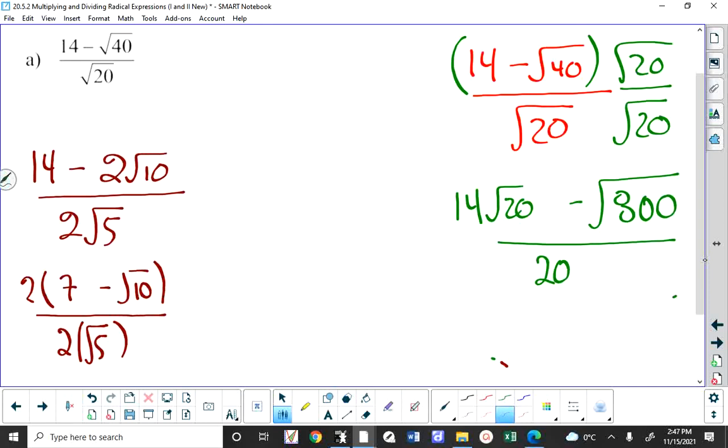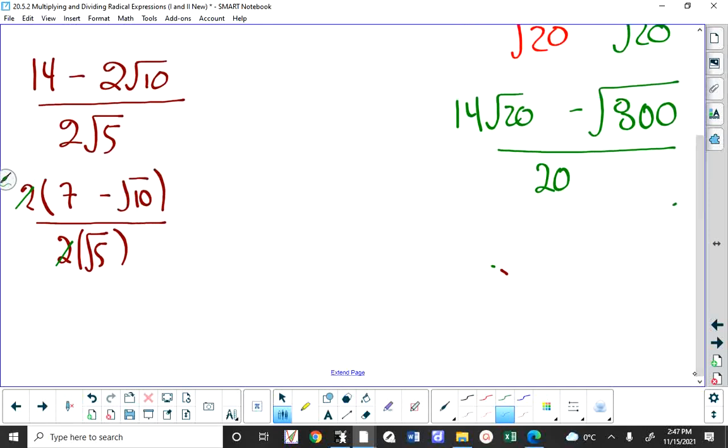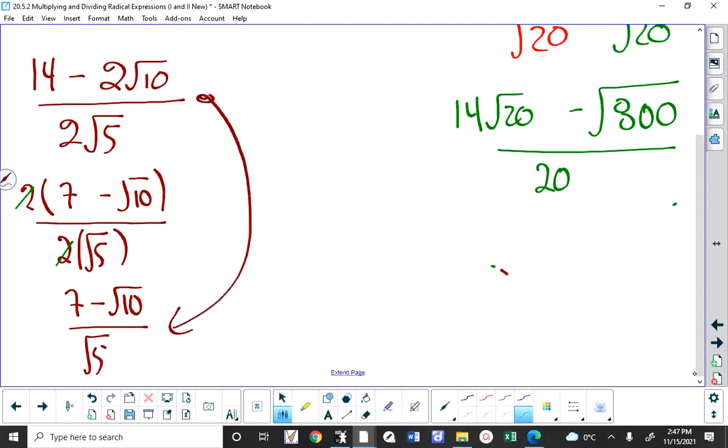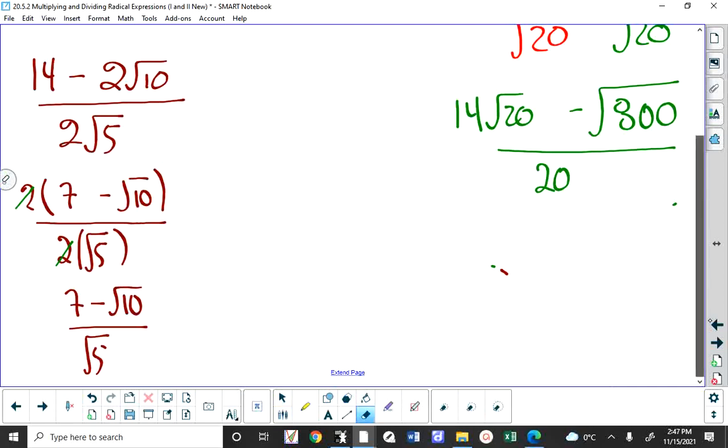And we end up with, we're not done yet, we end up with 7 minus root 10 over root 5. How many of you, by a show of hands, see a similarity between what we did to go from here to here and simplifying the quadratic formula? It's the same idea, right? You just have to make sure you cancel the same thing out of each term on the top and out of the term on the bottom. So now I'm pretty much done, except I have to rationalize that denominator. I need to multiply top and bottom by root 5.